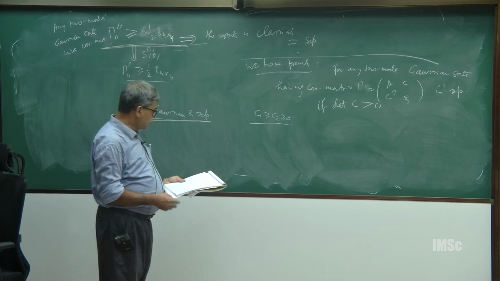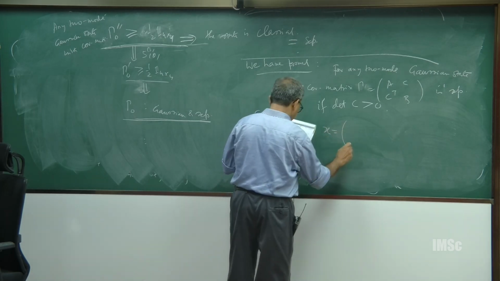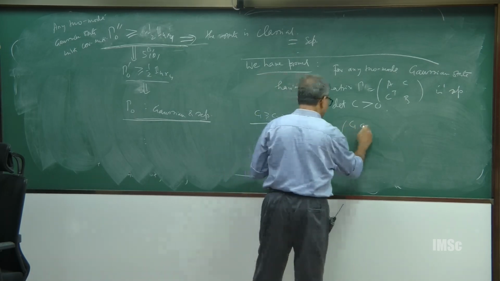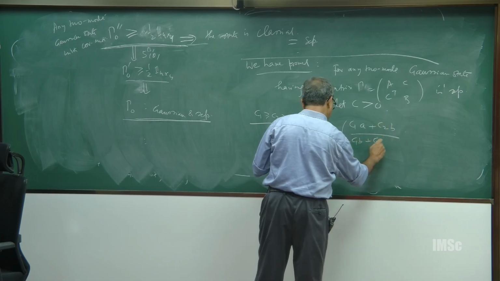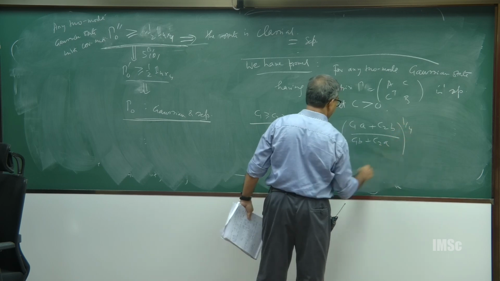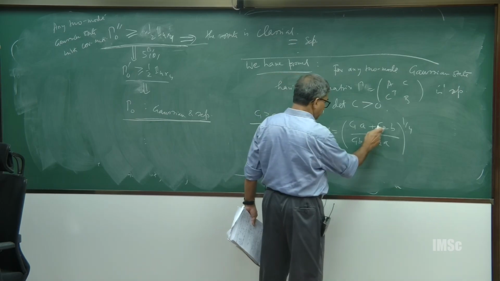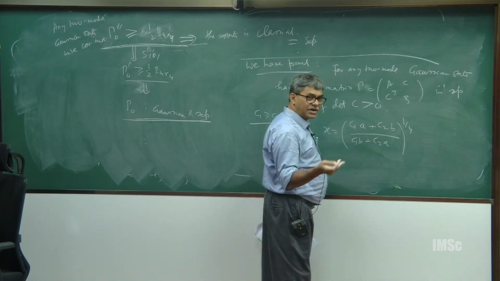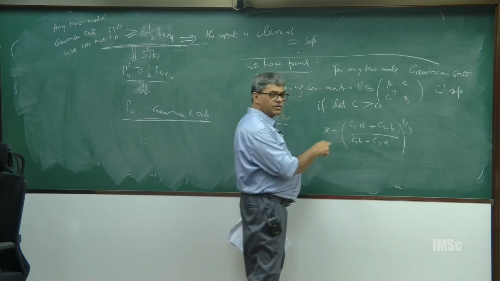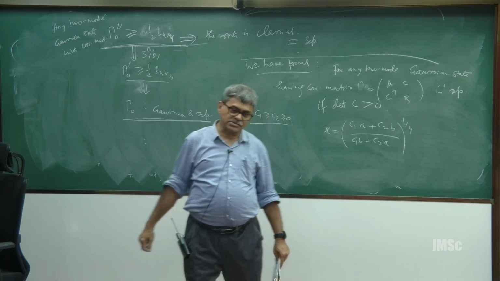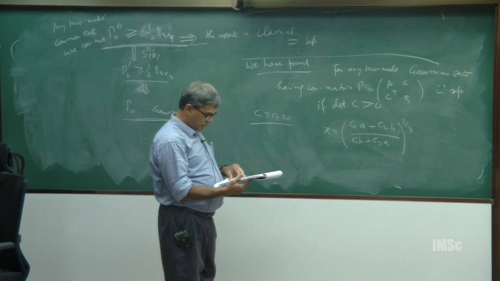I think this x was like this, and similarly y will also have some C and other thing, C2 b divided by C1 b plus C2 a whole to the power 1 by 4. If this is 0, then C2 will be 0 for example, or both C1 and C2 can be 0. In that case, you will have to be careful. In fact, for y also you will have this C1, C2 etc. So, that will come later.